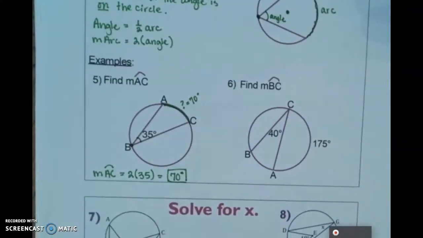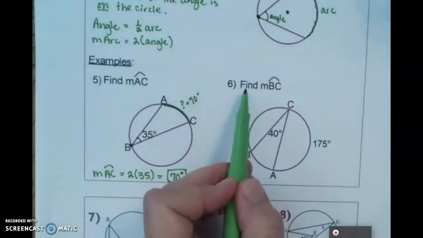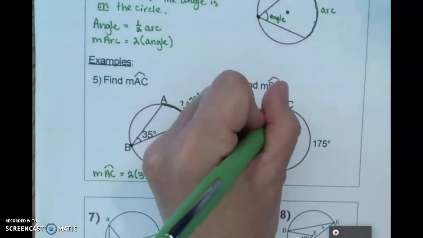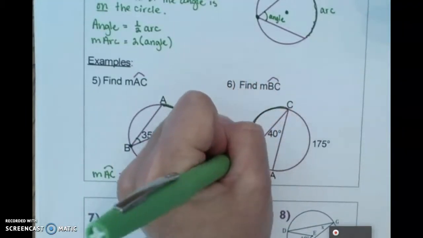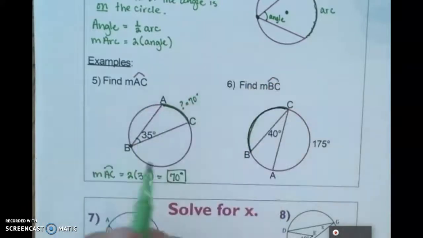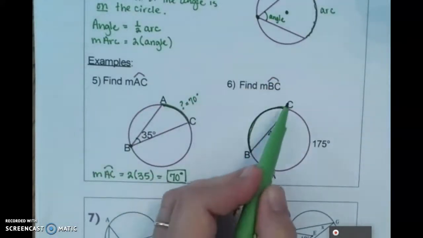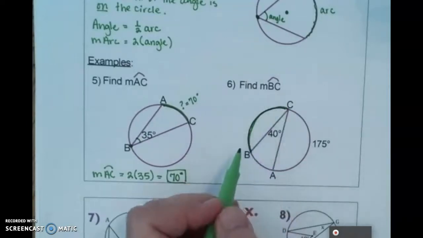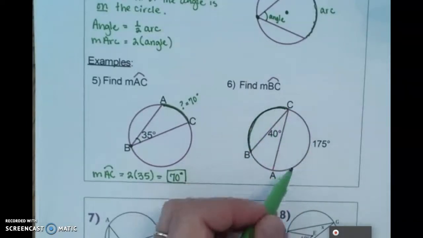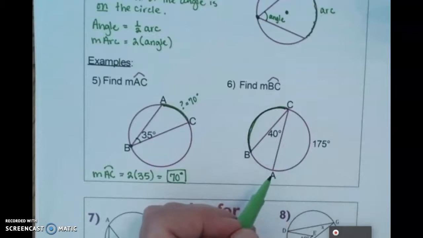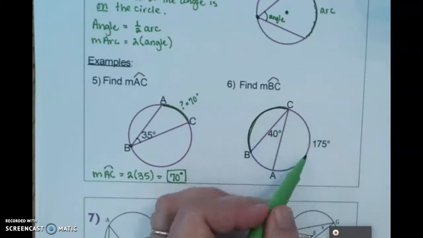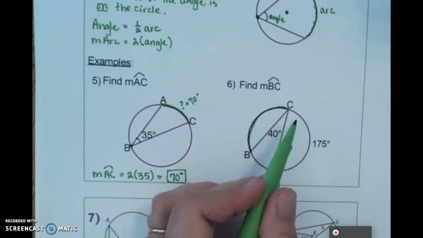On example 6, it asks you to find the measure of arc BC. So we're here. And if you notice, there's no inscribed angle that meets this arc. So you're going to use what you see for the rest of your circle to help you find the measure of that arc. I see that this much of my circle, this arc is 175 degrees.